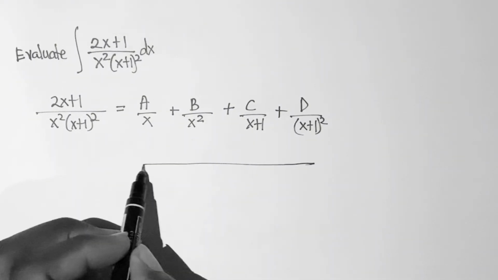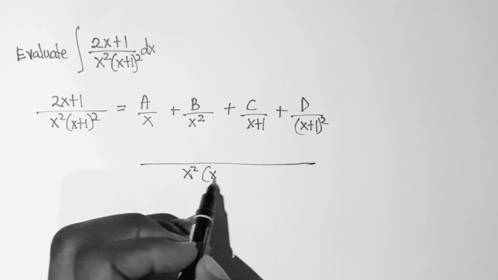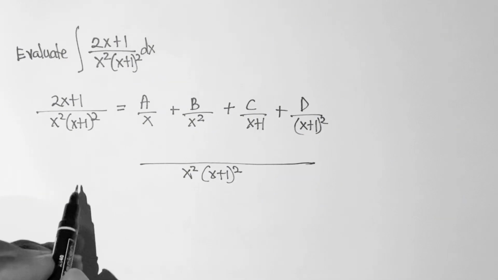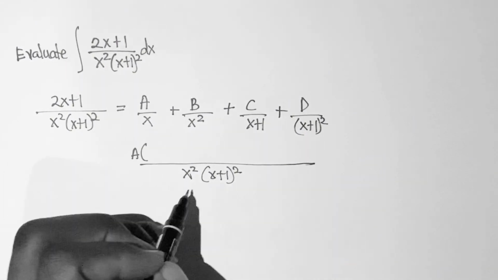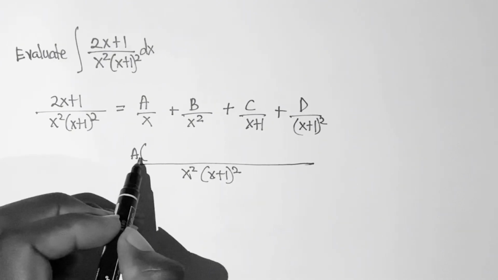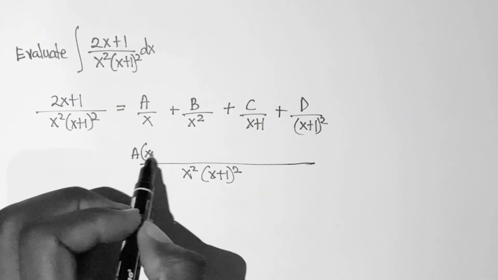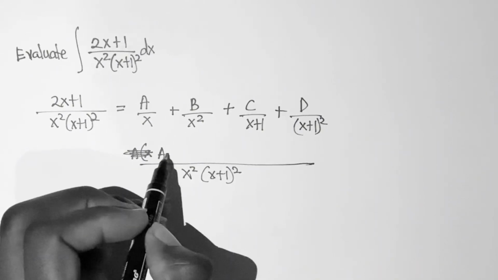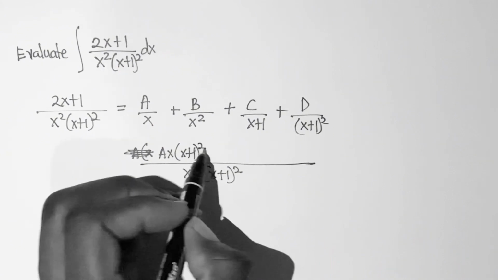So now let's find the LCM, which is x squared times (x plus 1) squared. So a is going to multiply x, since there is an x here, to cancel one of the x's. Let me rewrite this as ax times (x plus 1) squared.